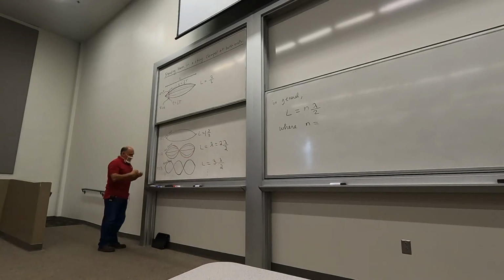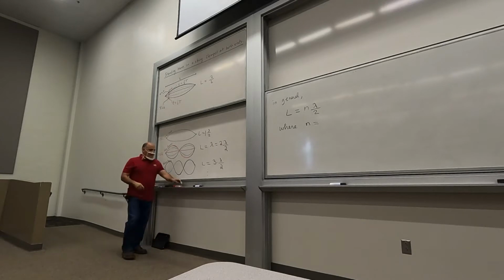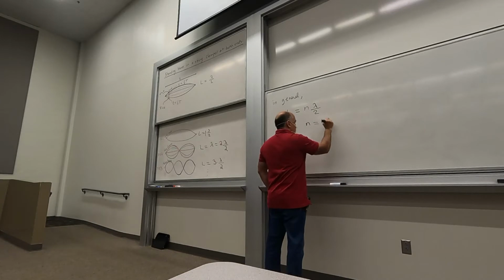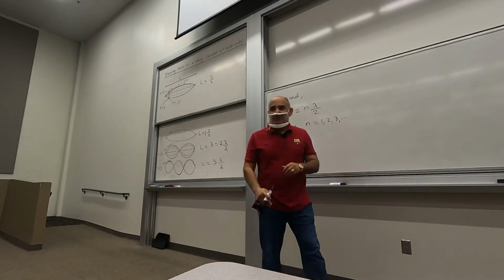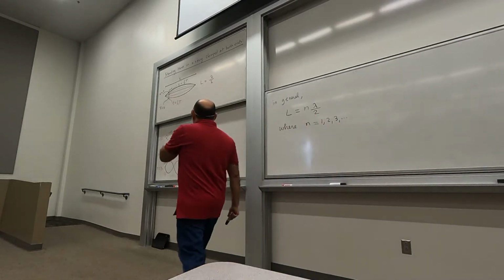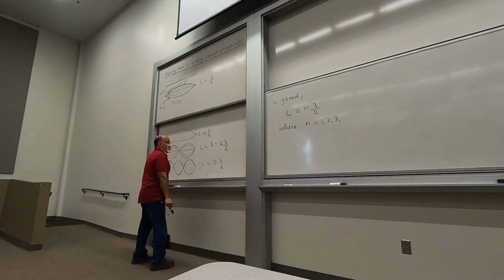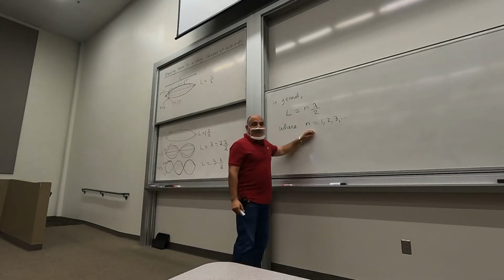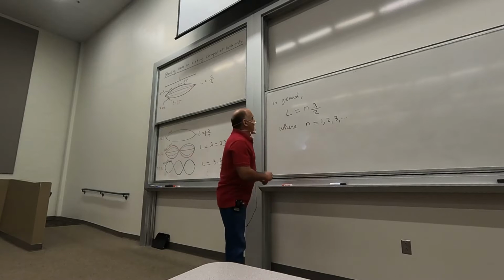Notice that the value of n corresponds to the number of loops also. So, therefore, n can be 1, 2, 3, and so on. A positive integer. Not 0. I don't have an oscillation over here that corresponds to 0. If it's oscillating, then n cannot be 0. But these are the allowed values of this n.